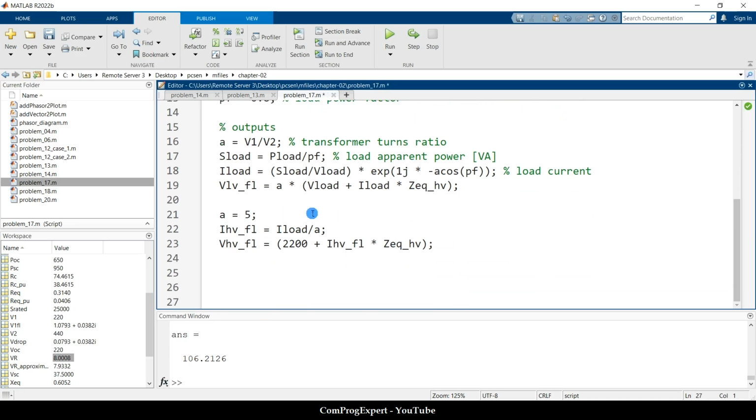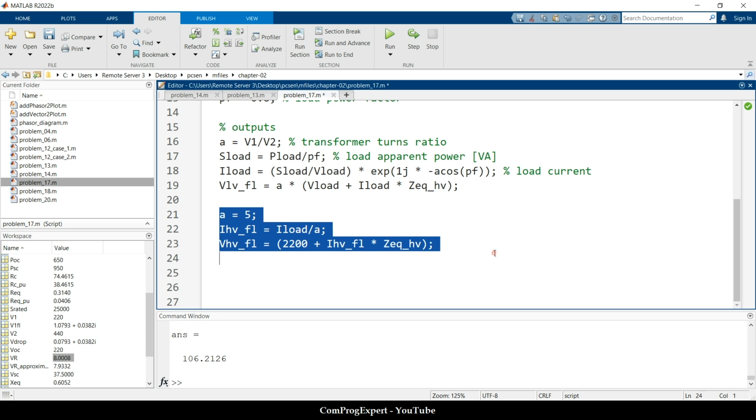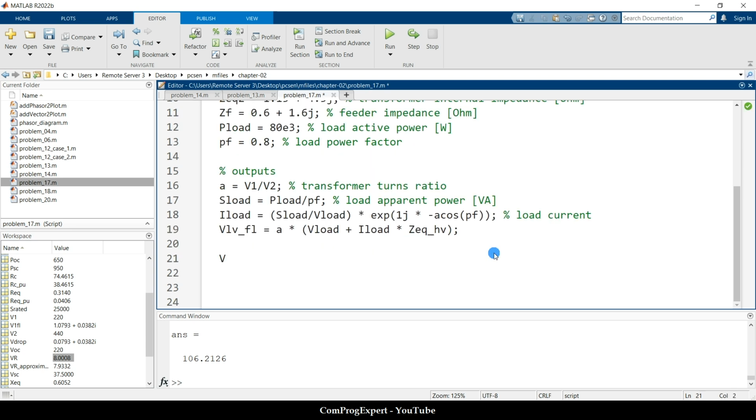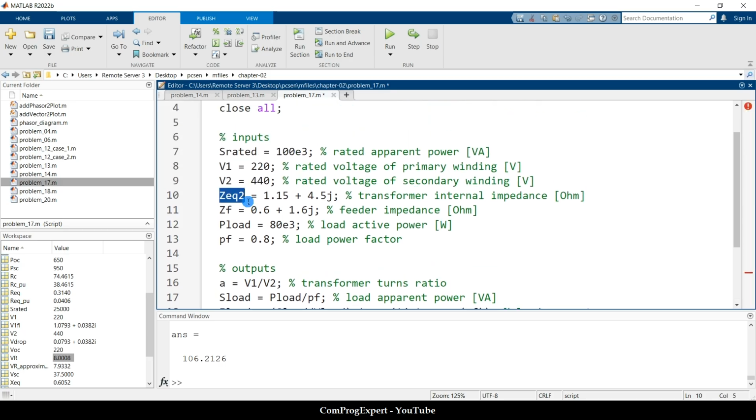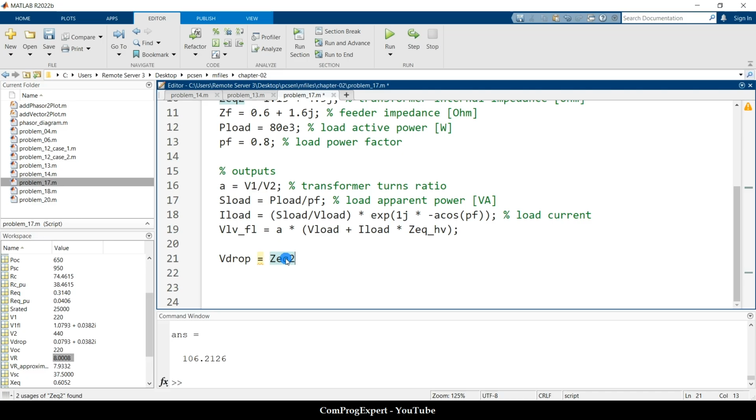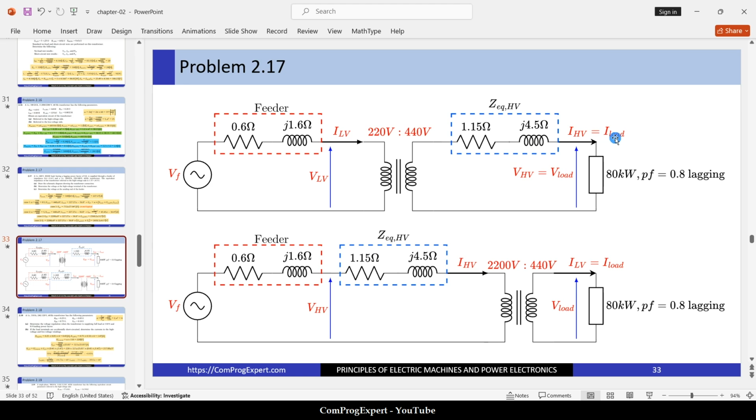So how much is the value of the voltage drop? Let's check. V drop is equal to the value of the Z equivalent 2 times the load current, the current of the high voltage side.